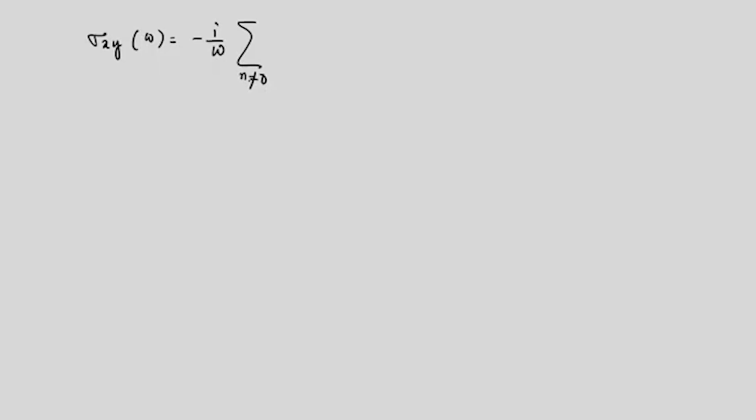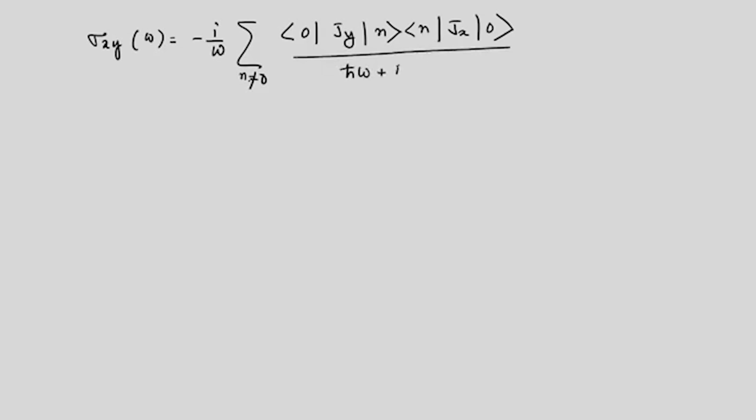So the system would go from the ground state to the excited state, and the excited states are assumed to be different than the ground state. So this is equal to ⟨0|j_y|n⟩⟨n|j_x|0⟩ divided by the energy denominator, which is given by E_n minus E_0, plus another term.